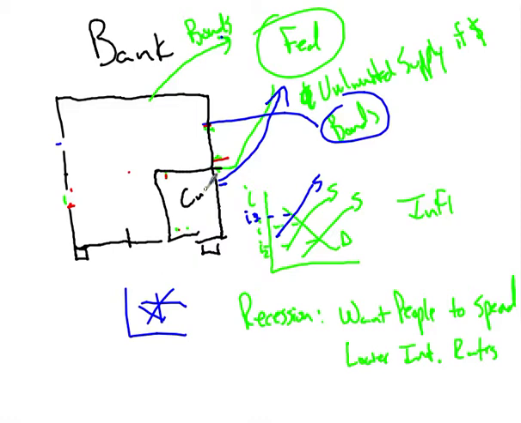Here's cash, and here's bonds. And so this is our required reserves. All of this is excess. Remember the excess, this is also called loanable funds. This is the money that they can lend out.